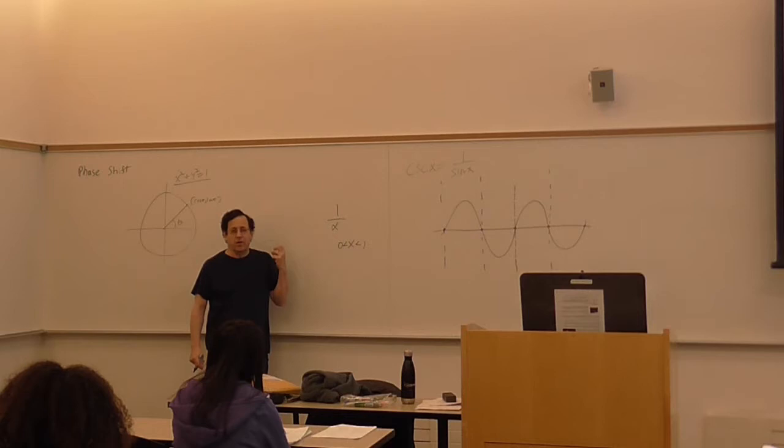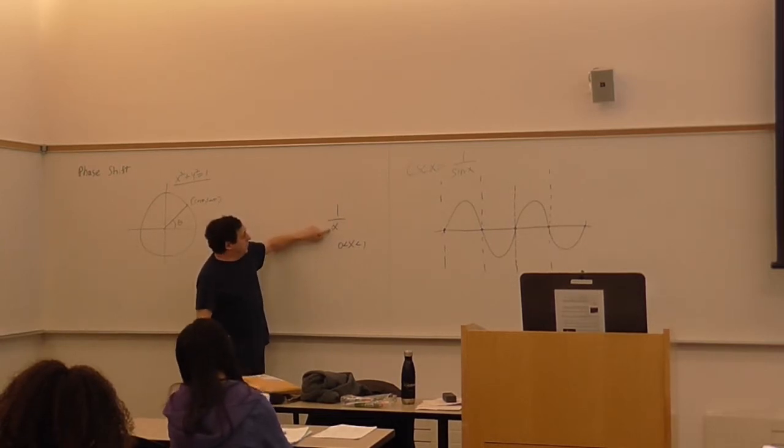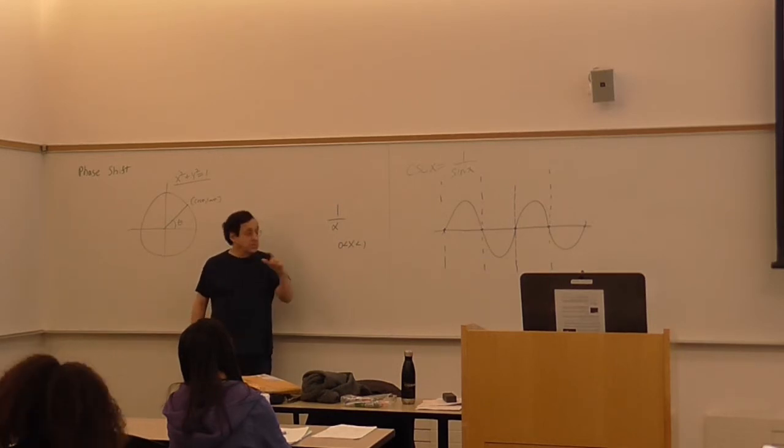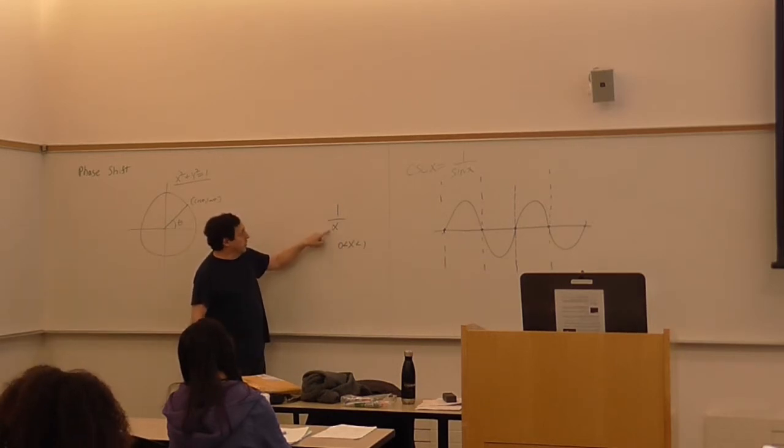This is not a hard puzzle here. I have a number that's between 0 and 1. It's a small number, it's a fraction. I take 1 over that number. What do I know about the size of this number? It's greater than 1. Yeah, it's going to get bigger.